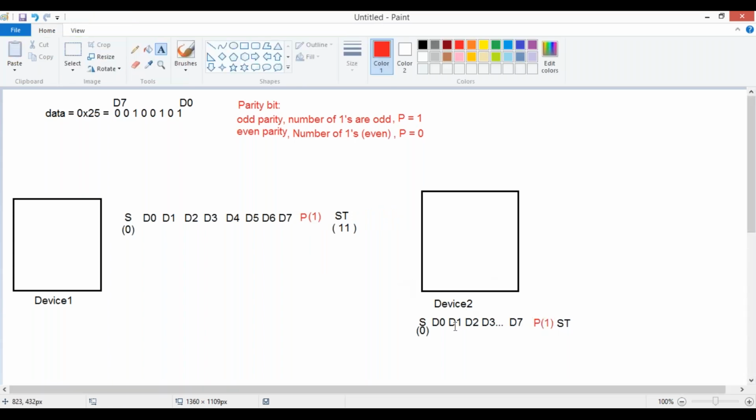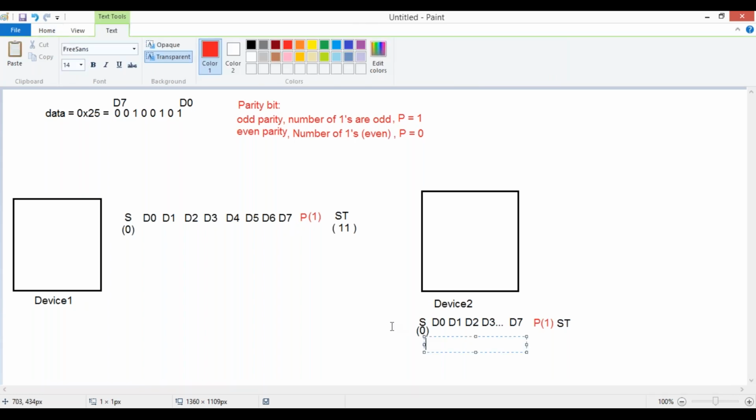Now, how is this parity bit used by the device for data integrity? On arrival of the data, the way the transmitter calculated the parity bit, the same way the receiver will also calculate the parity bit.